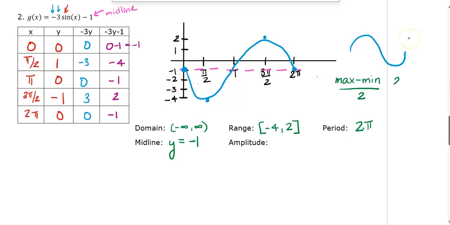So in this case, 2 minus -4 divided by 2. Well, 2 minus -4 is 6, so 6 over 2, that's going to give me 3. So my amplitude is 3. I can see that if I'm at -2 as my highest point, I'm at -1 right here, so I go -1 to 0 to 1 to 2, that's 3. That's my amplitude, okay?